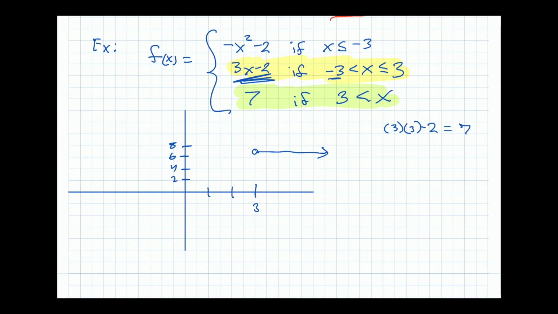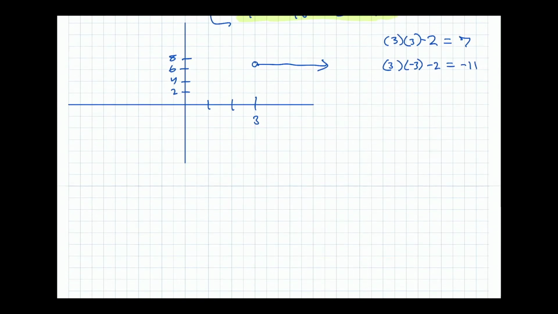If you put a -3 in there, you get 3 times -3 minus 2, which is -9 minus 2, which is -11. So down here, we need to go a little bit further: 2, 4, 6, 8, 10, 12, and those are all negative.